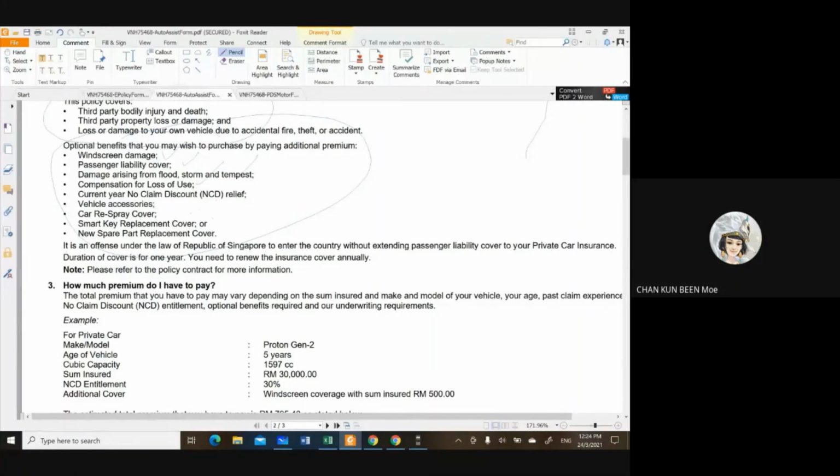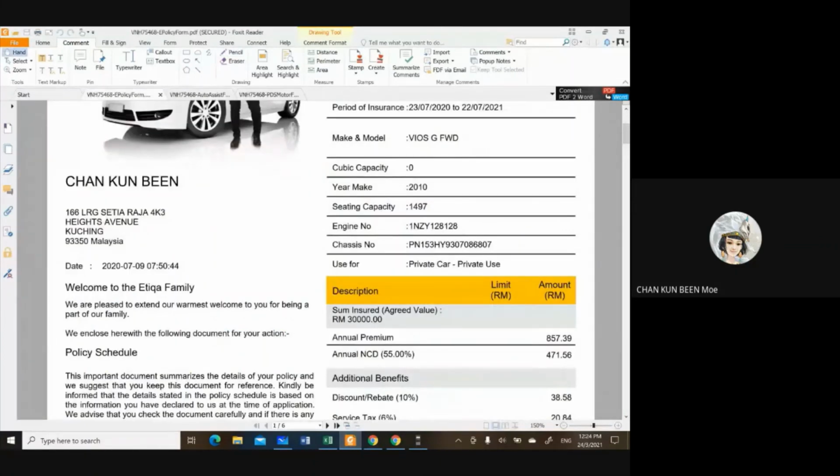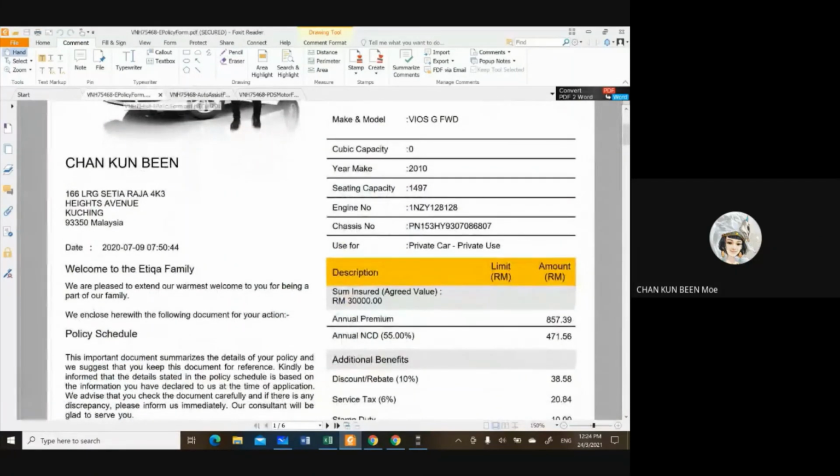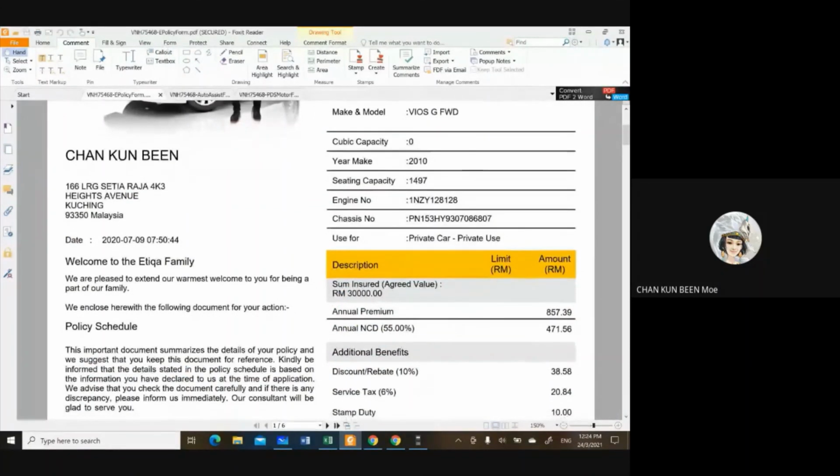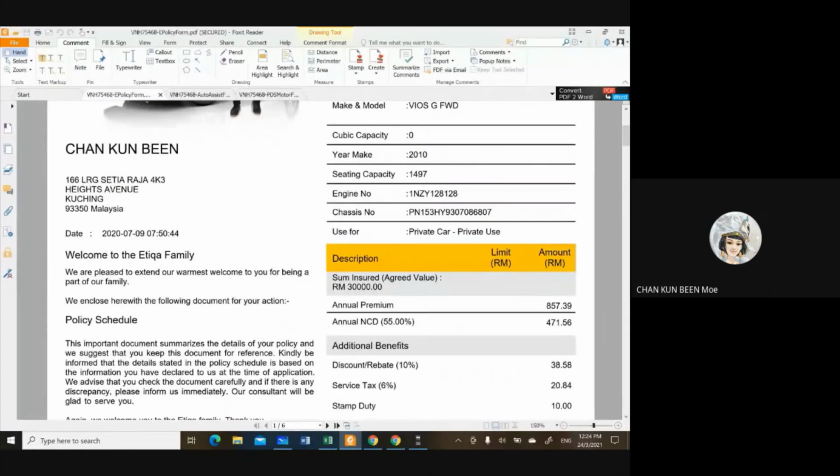And then when it comes to the insurance premium, you can see my video over here. The cubic capacity, we are not going to see. Actually, this part, the 1497 is referring to the engine capacity. So I told you just now, 1.5 doesn't mean 1,500, it's less than that.